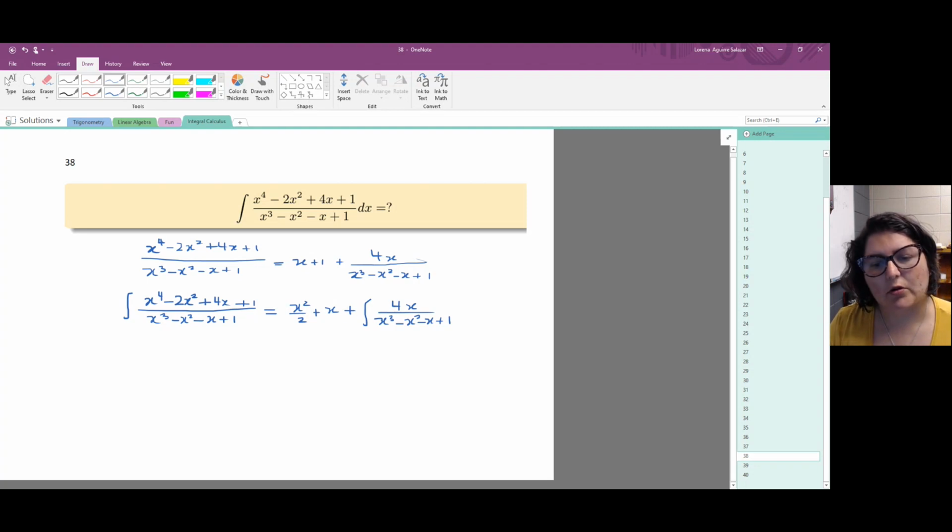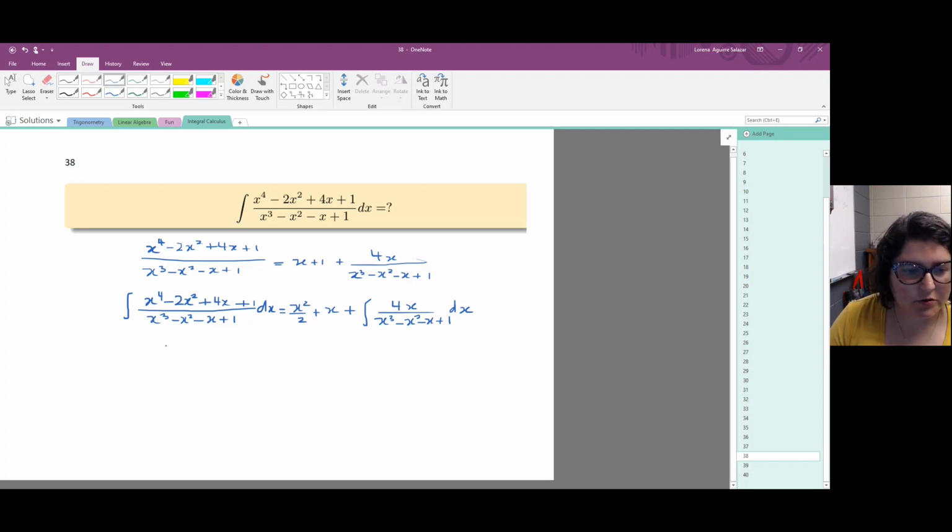And to find that integral, we're going to use partial fractions. And I forgot to write the dx over here. So let's write dx equals that. Okay.